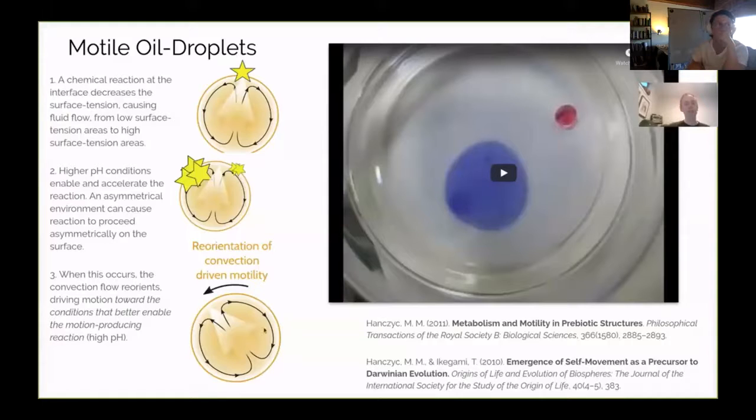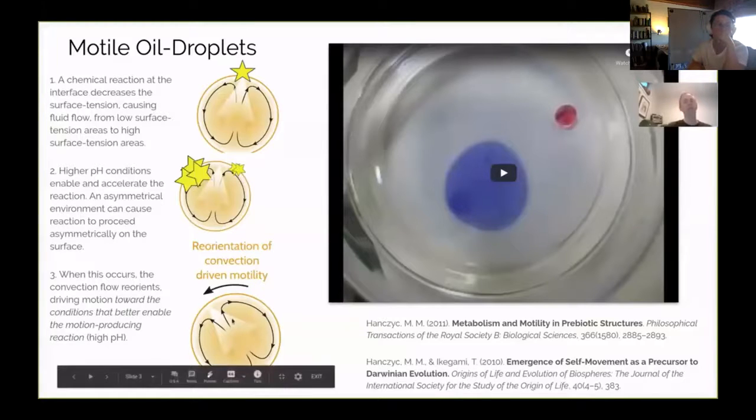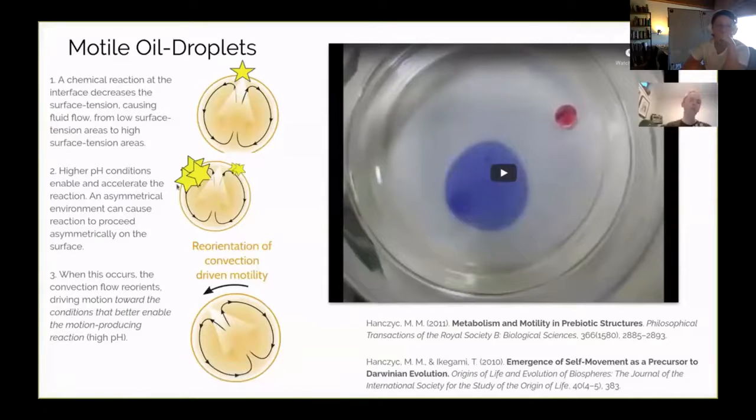And I hope that you can see that that would cause a reorientation of the convective flow towards the region where more of the surfactant is being produced, where the surface tension is being lowered more. And again, what's really interesting about this is the kind of self-preserving nature of it.